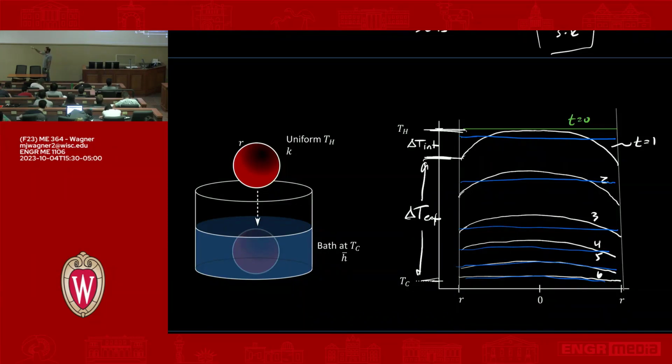But if you're just trying to say Q dot out is some value, you're only going to be off by the difference between that actual delta T external and the TC up to the first blue line that I drew. So it's a matter of percentage, and the Bi number is going to tell you the amount of error that's involved. The whole idea is let's come up with a model for the blue lines, because that's easy. And then later on we'll deal with the more complicated one.